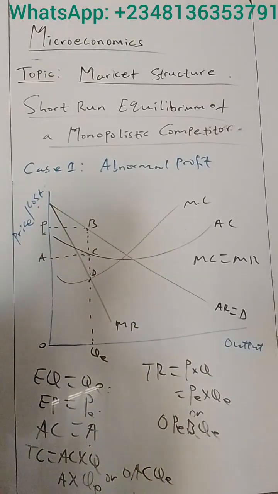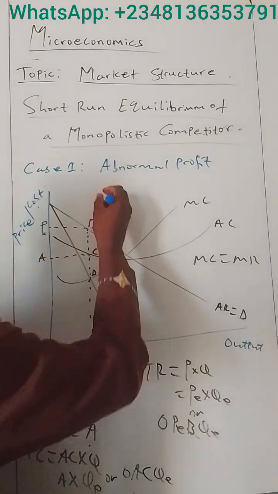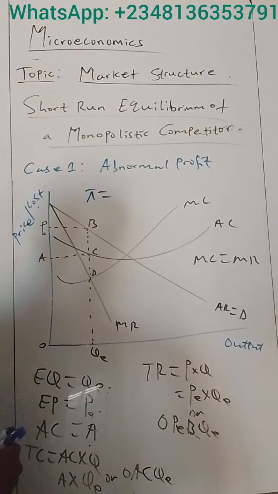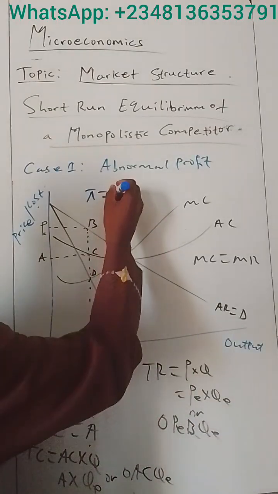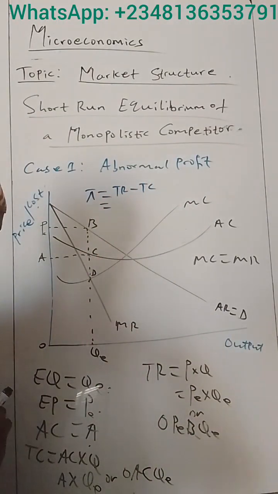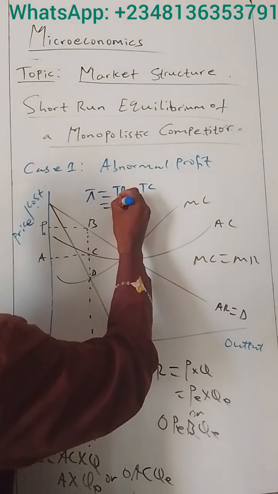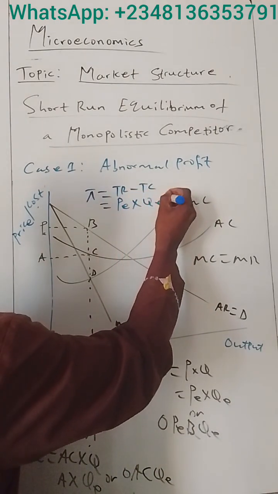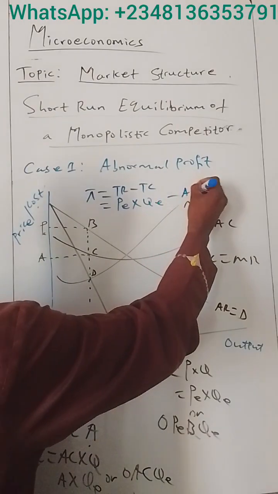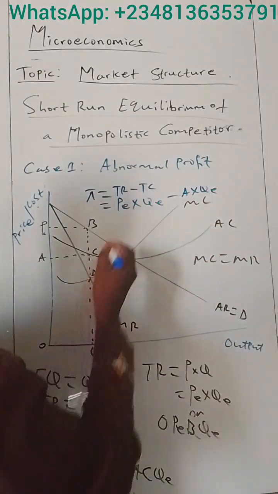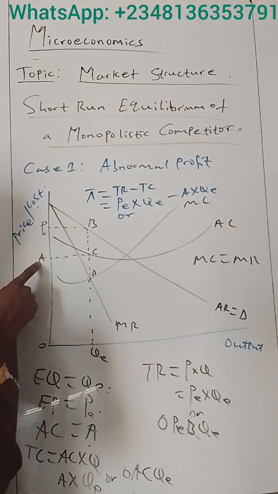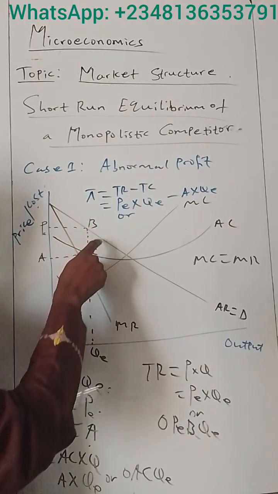So what is the profit now? The profit is simply equal to total revenue minus total cost. Total revenue is PE multiplied by QE, minus total cost, A multiplied by QE. Or this rectangular area PEABC.